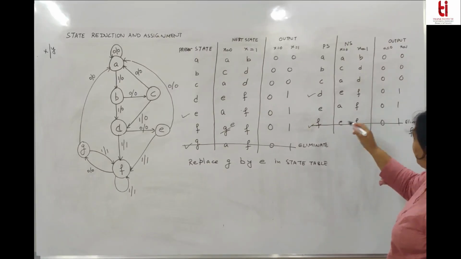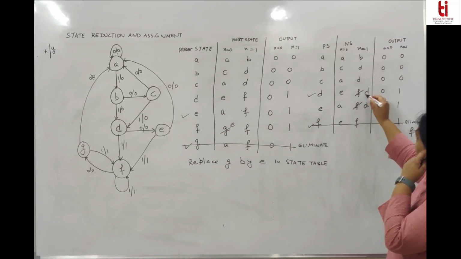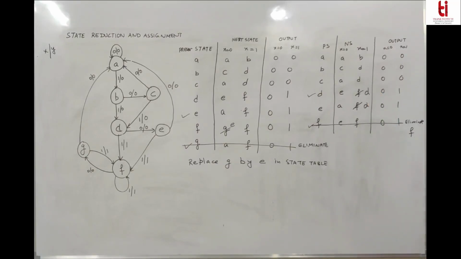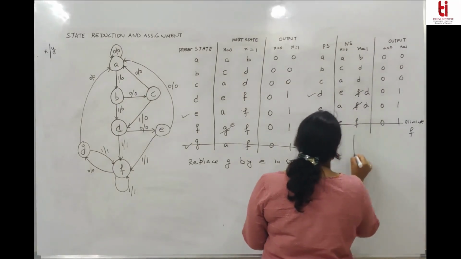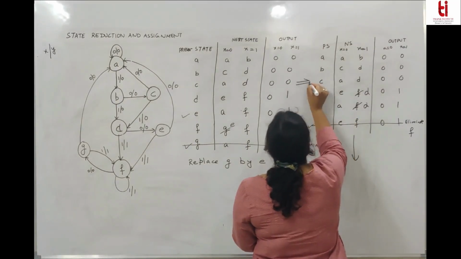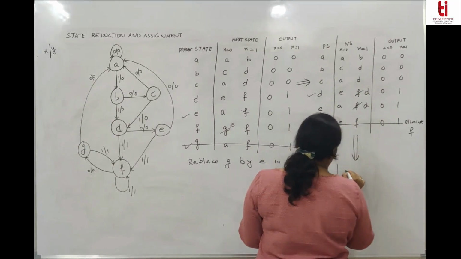So wherever we have F, we can replace it with D. So let's write again the reduced table. This is present state, next state.